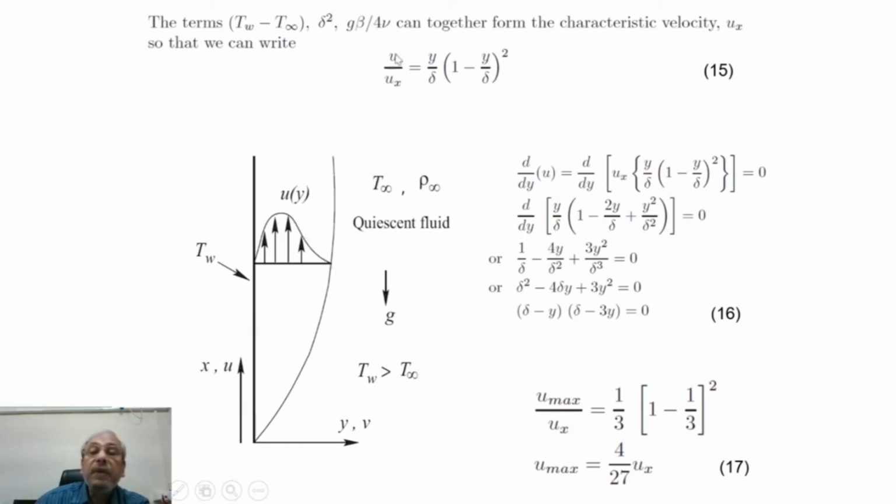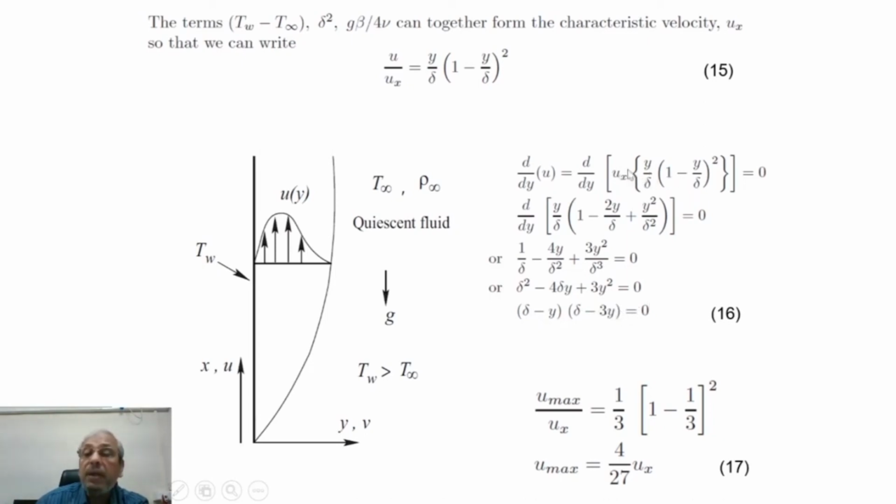And if this is the velocity profile, then we can also spend a little time to find out the location of maximum velocity. That means the y distance from the plate where the maximum velocity is located. So for that we set du/dy equal to 0, and finally we get (delta minus y) into (delta minus 3y) equal to 0.